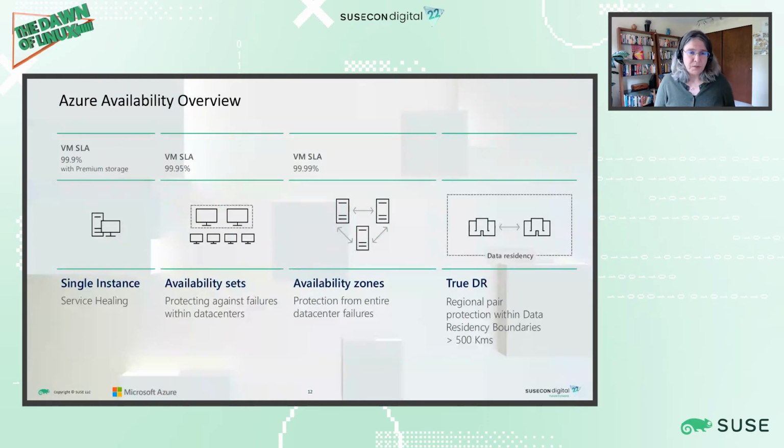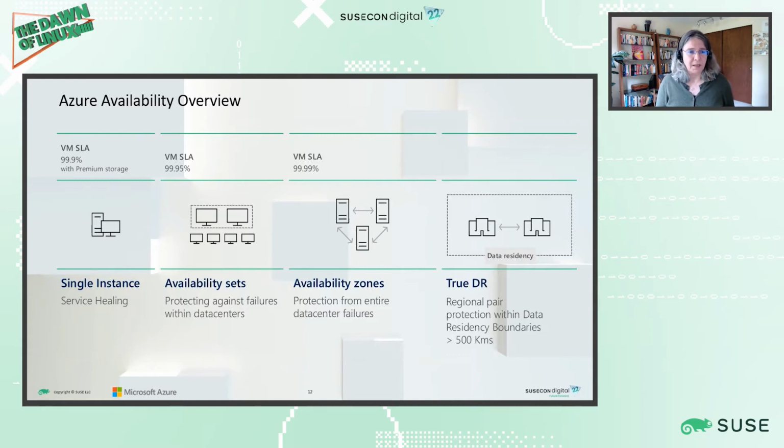When you do that, you're essentially relying on the so-called service healing in order to recover the functionality of your application. What you would achieve in such a scenario would be a VM SLA of 99.9. And that's true if you deploy the VM with premium storage.